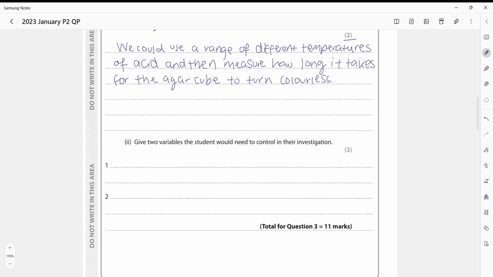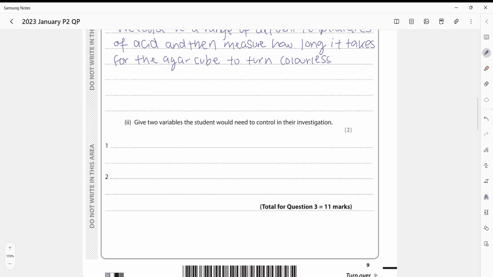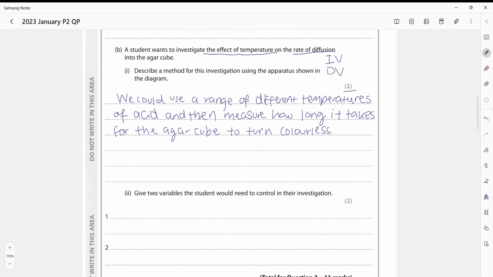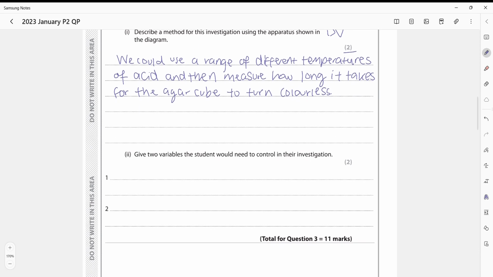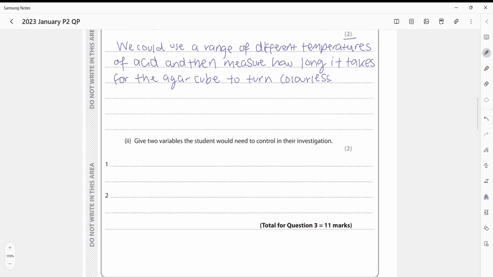Okay. Part 2, give 2 variables the student would need to control in their investigation. Okay, because the independent variable is the temperature, so that means that some things that you would need to keep constant is the surface area to volume ratio of your agar cubes.